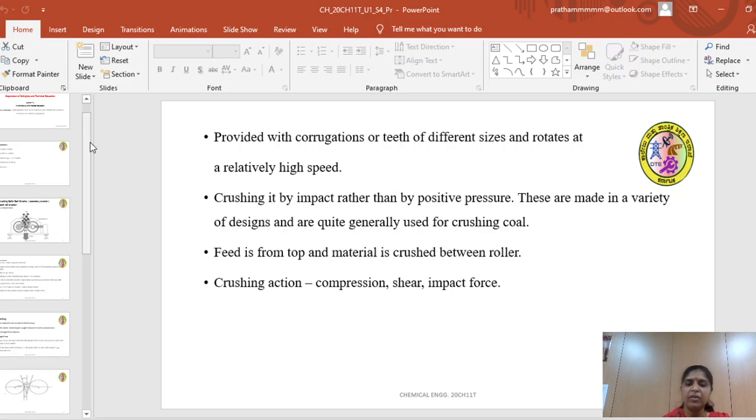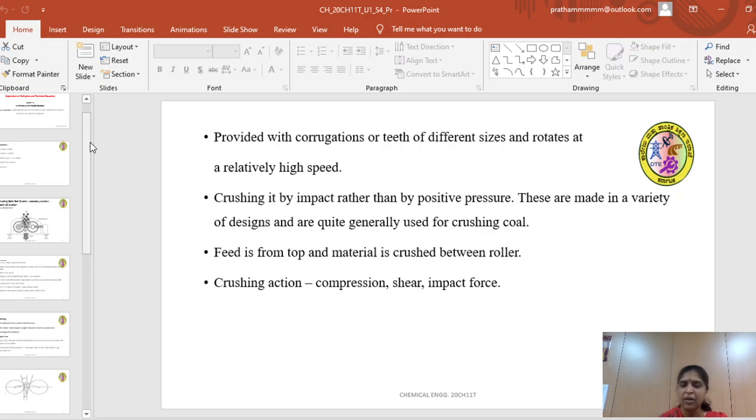The question that could be asked based on this session in your exam is: construct and explain the working mechanism of roller crusher. If it is asked for 5 marks, you can write any one crusher, either the diagram with the explanation of the tooth roll crusher or the smooth roll crusher.